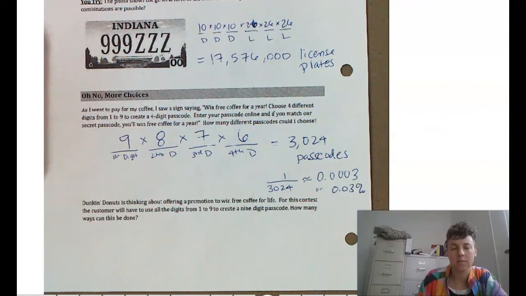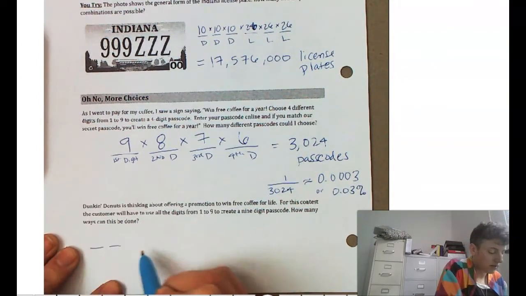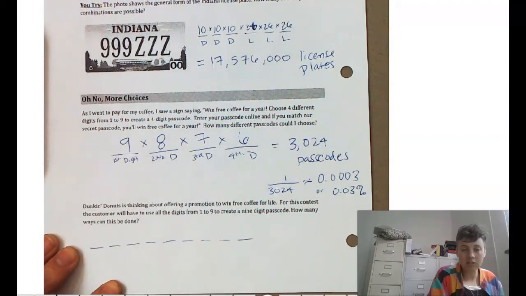So how long is our passcode going to have to be? It's going to have to be 9 digits long. To use all the digits, which kind of implies I can't repeat them.